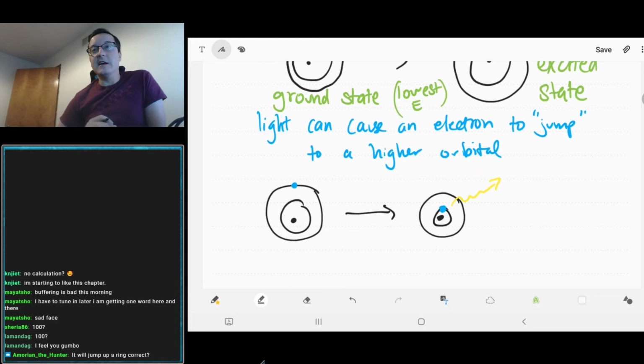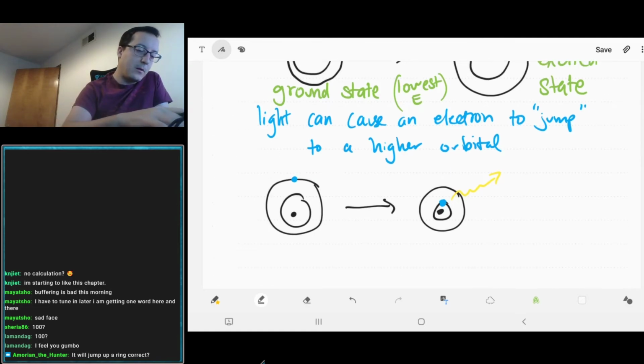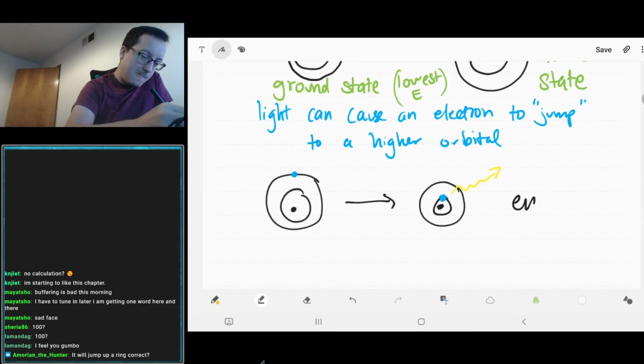What can happen is that excited electron in this excited state can drop back down into a lower energy state, and as a result, it will release a photon. It will release a wave of light. This is called emission.